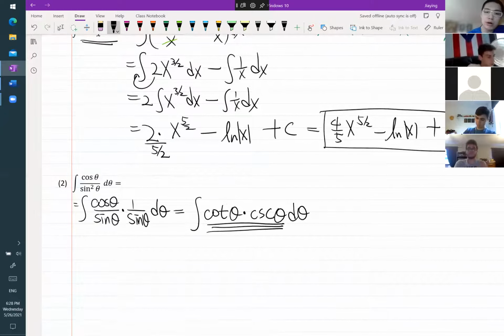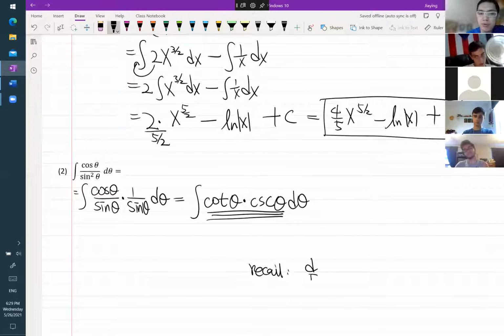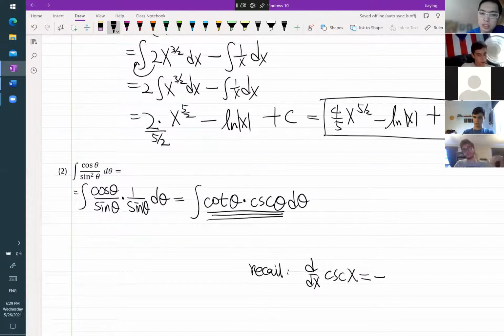And if you recall, or if you have the textbook already, you can look into the table. So we recall that the derivative of cosecant theta, or cosecant x, is equal to negative cosecant x cotangent x.